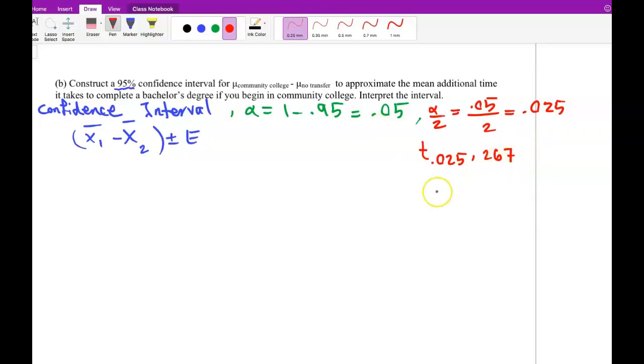So finding the T using calculator inverse T. We had the T before. So as I said, this one is what we have on right. So this is right area.